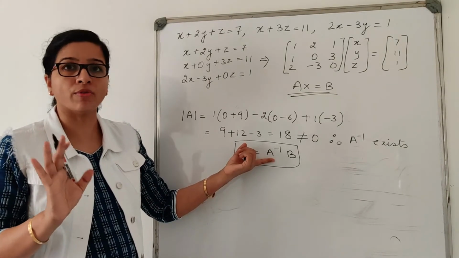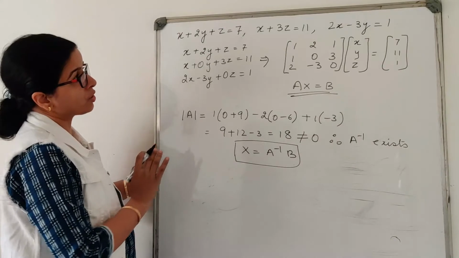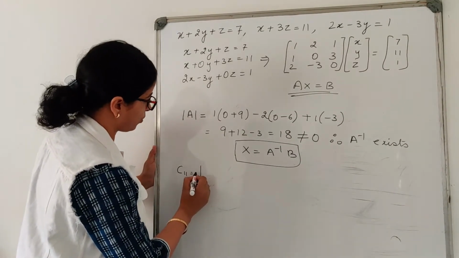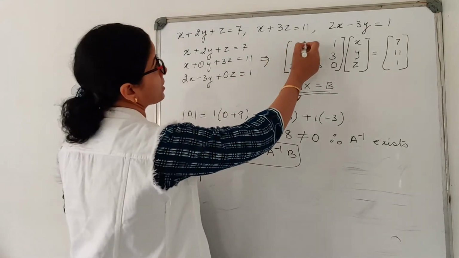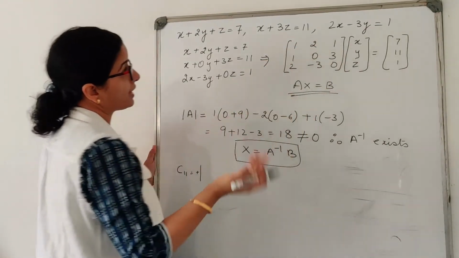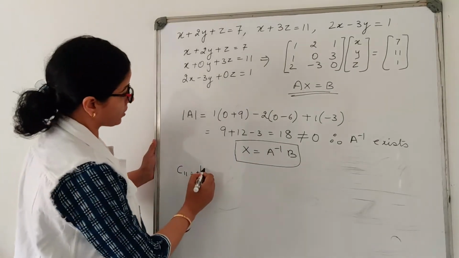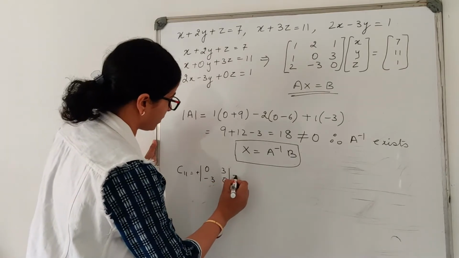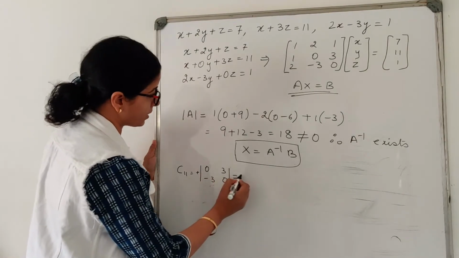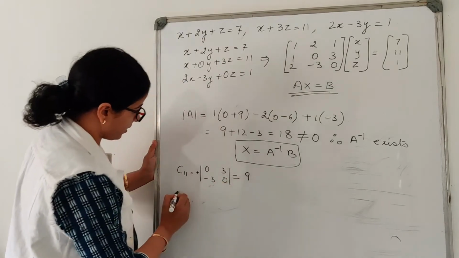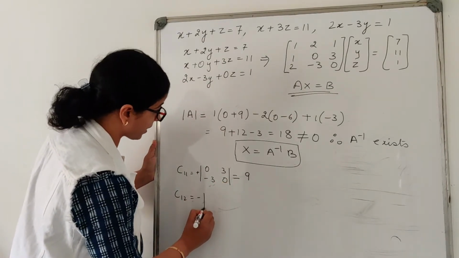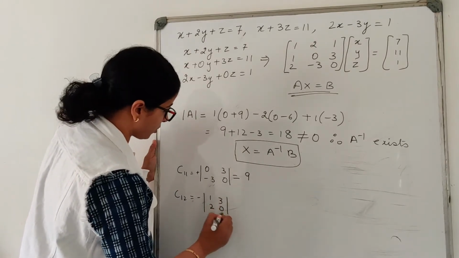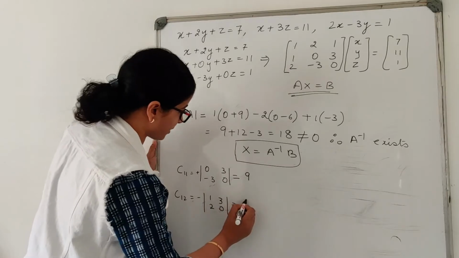So first of all I will find the cofactors of the elements of A. C11: plus sign will come. I told you plus, minus, plus, minus, alternate negative positive signs will come. So |0, 3; -3, 0|, which is equal to 0 minus of minus 9. So plus 9. Okay. C12: negative sign will come. So it will be |1, 3; 2, 0|. So it is minus of minus 6, means plus 6.